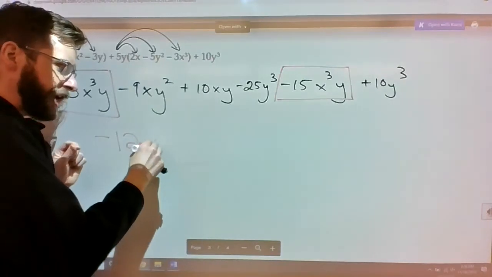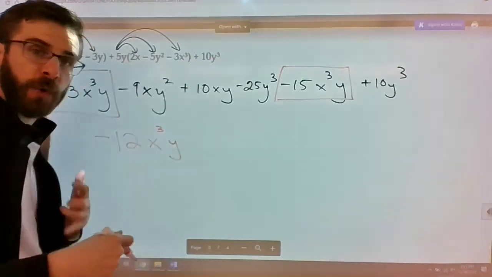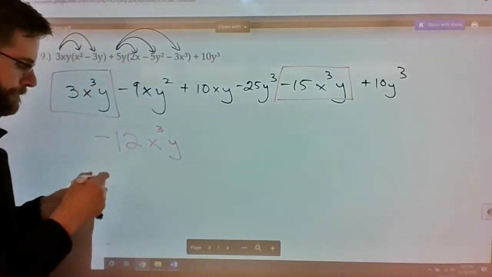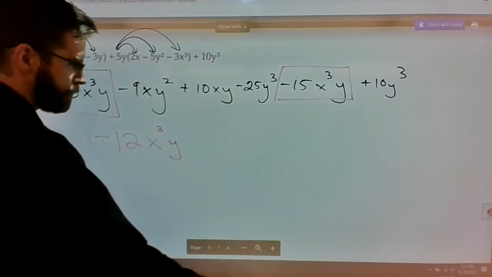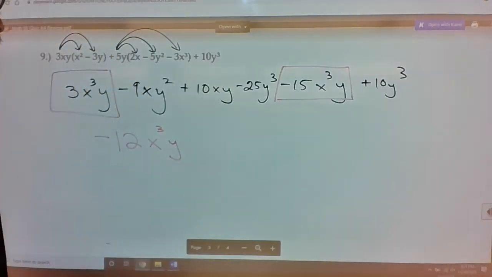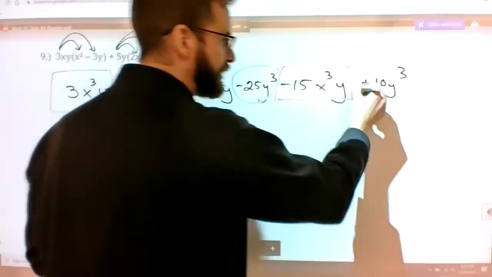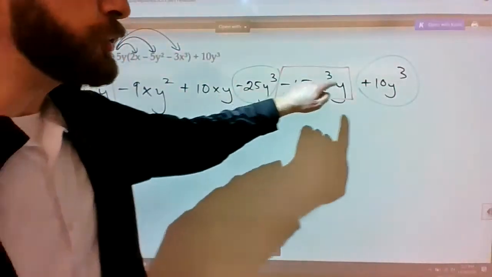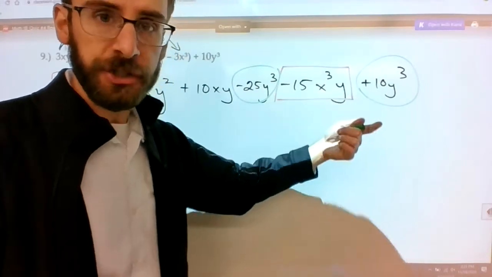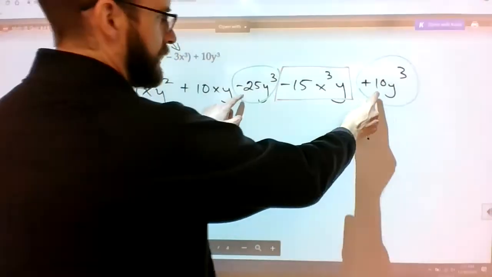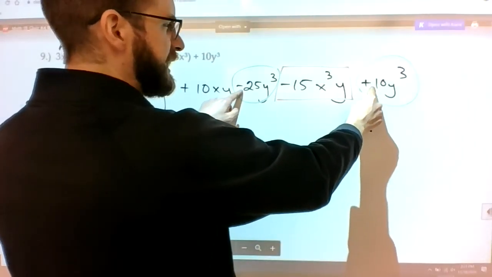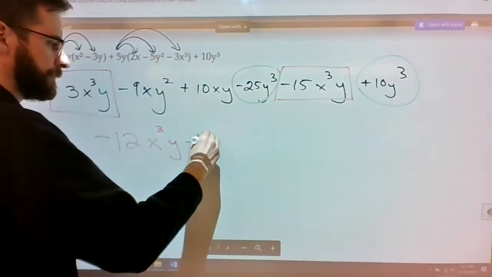You do not change the variable expression through adding or subtracting. Y cubed and y cubed, these two can combine using addition or subtraction. Negative 15, y to the third power.